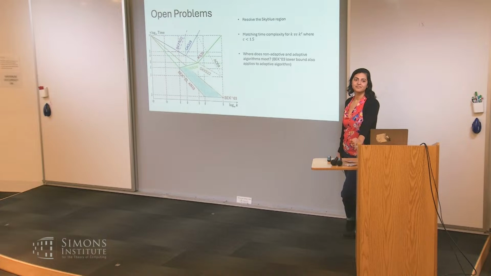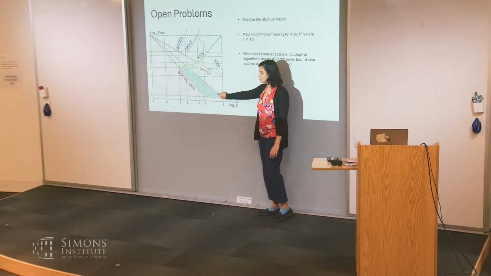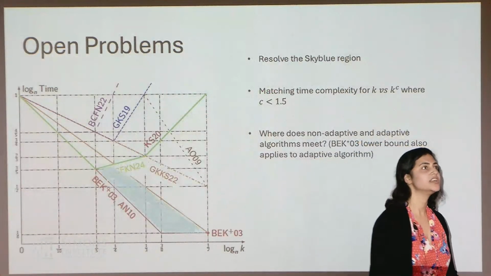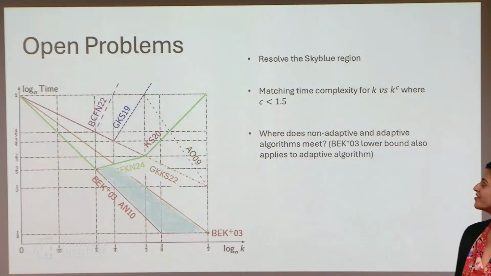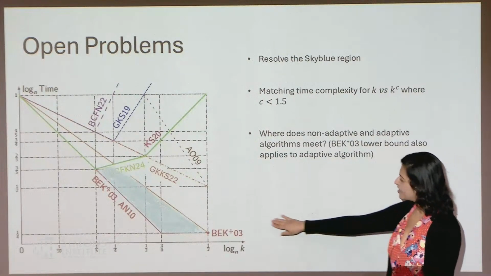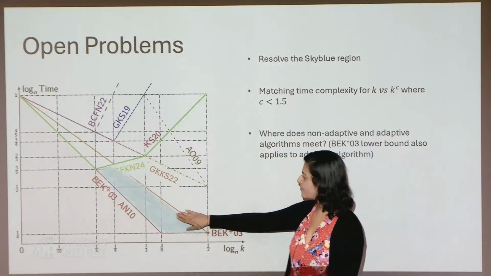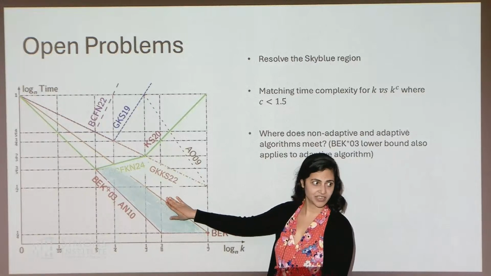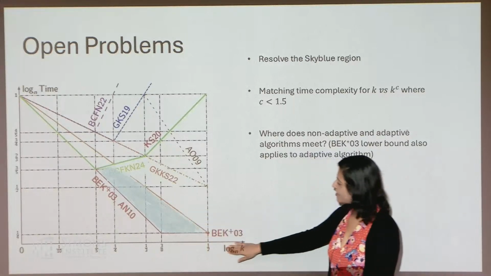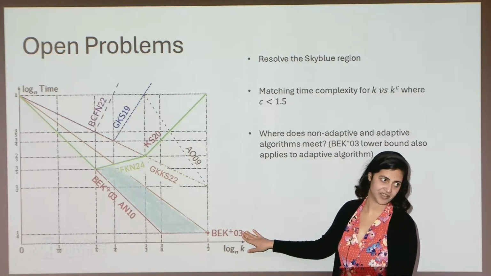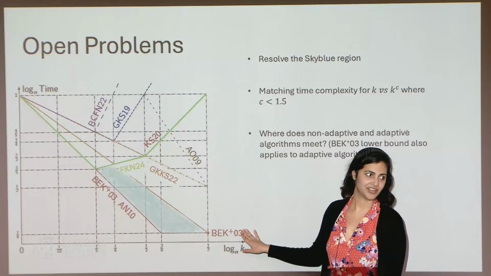What does the lower bound look like? What kind of instances? Okay, so the 2003 paper had a lower bound instance, and what we showed is that if we get a better non-adaptive algorithm, then we will have a better algorithm than theirs.